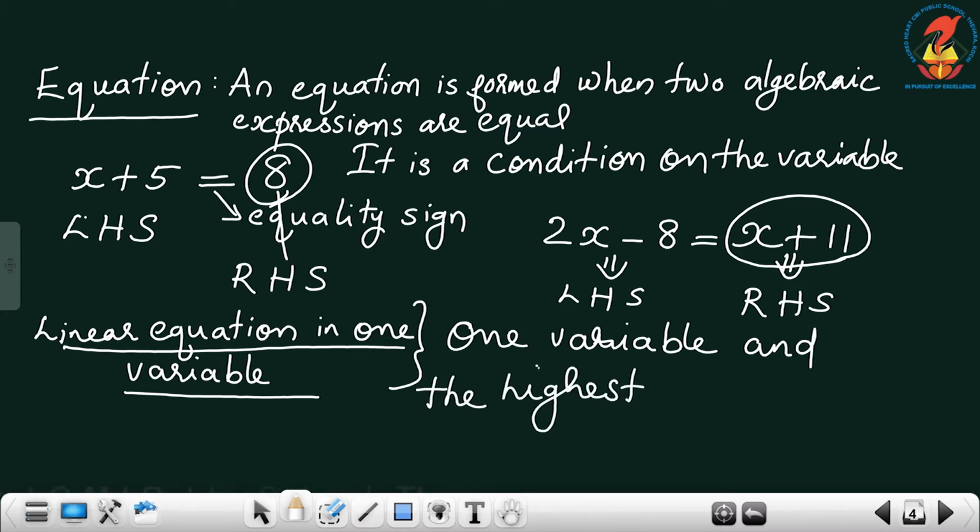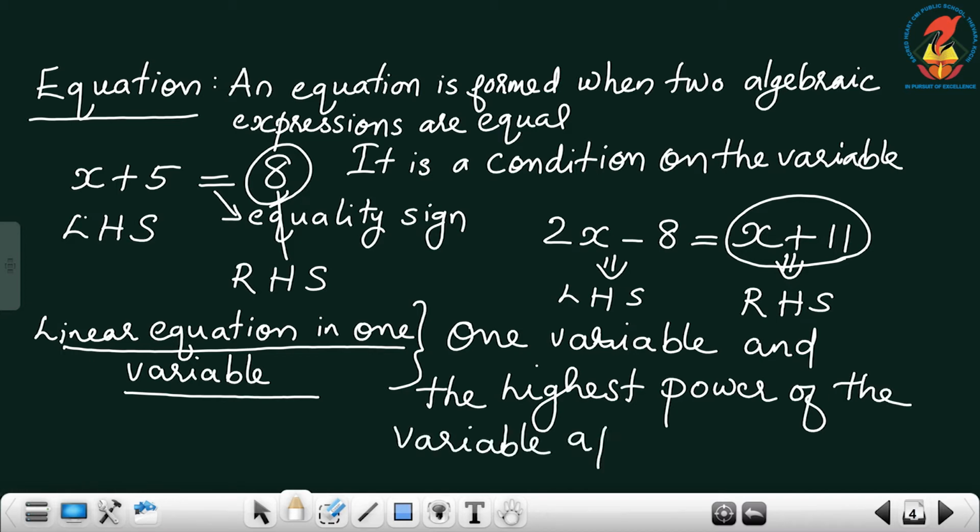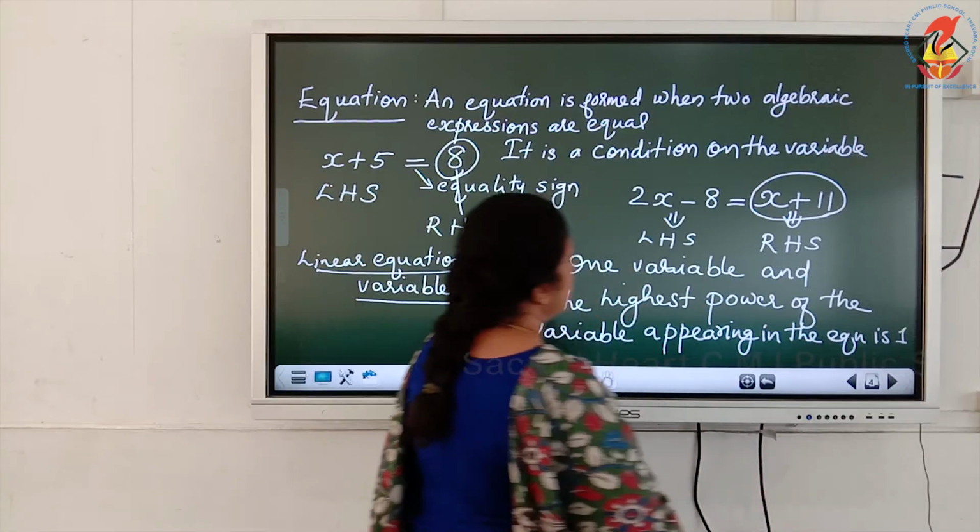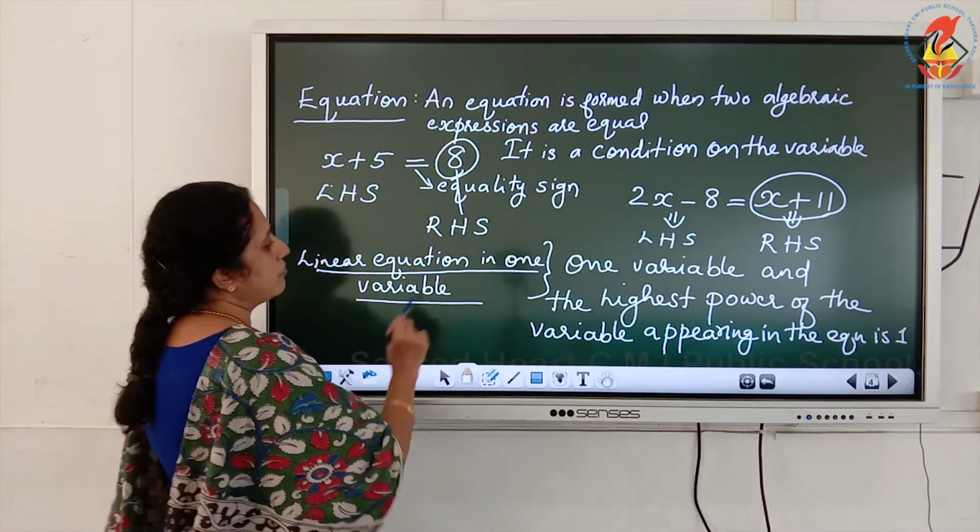If the highest power of the variable appearing in the equation is 1, then we can call it a linear equation in one variable.